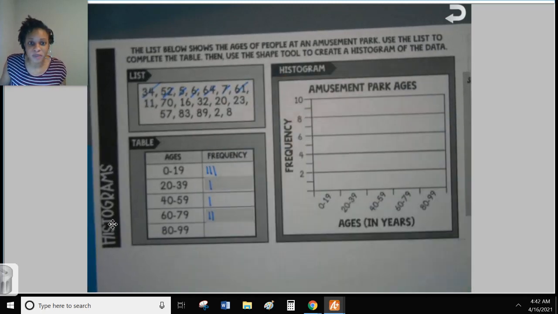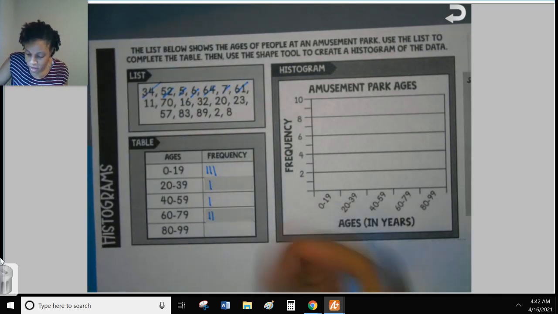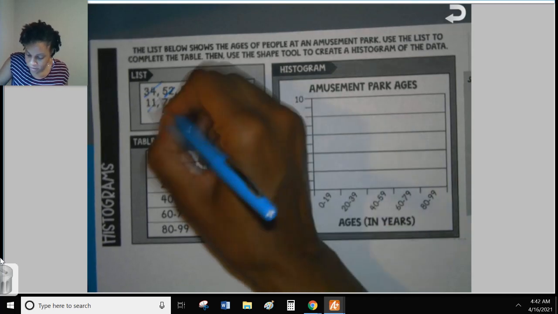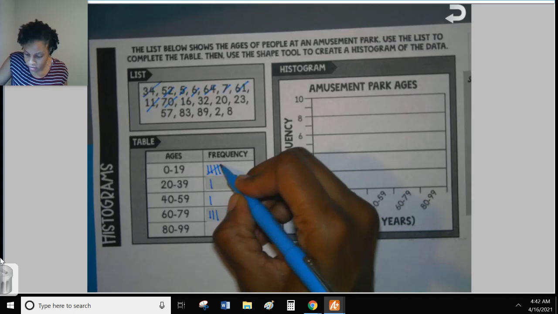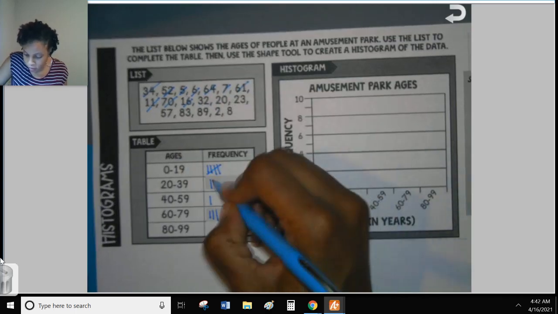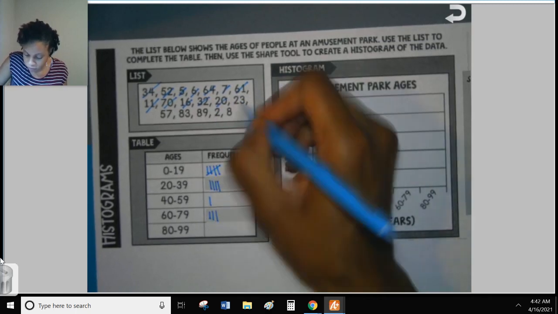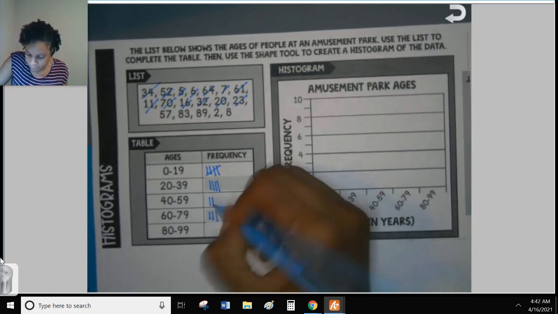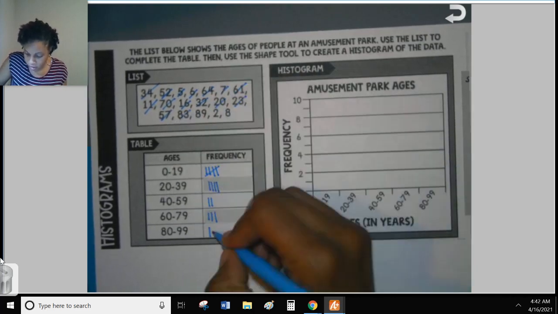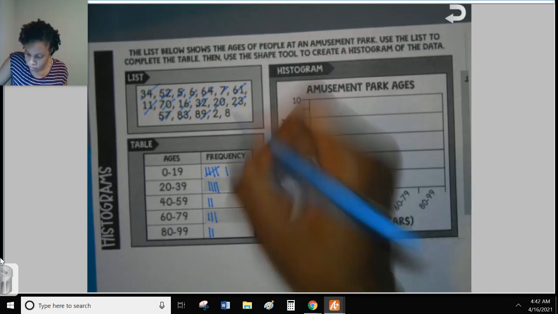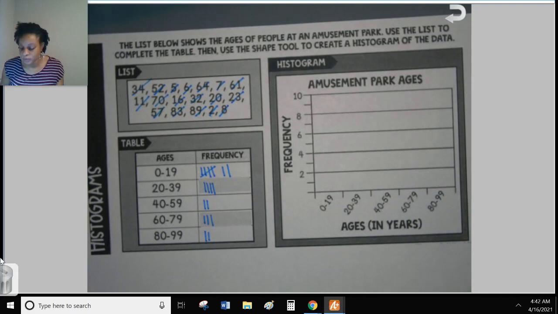So I'm just crossing off my data and putting them in the frequency table of the range they fall in. 11 here, 70 here, 16 here, 32 will go here, 20 will fall here, 23, 57, 83, 89, 2, and 8.